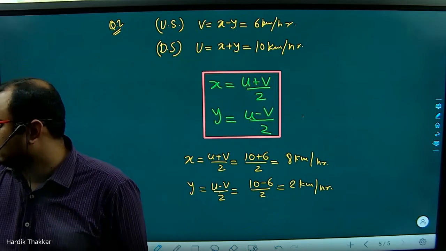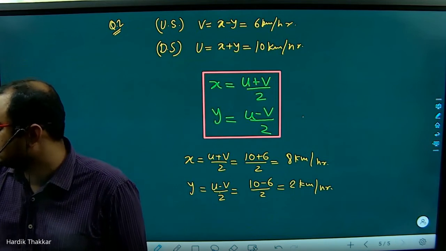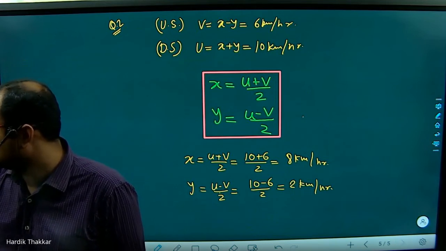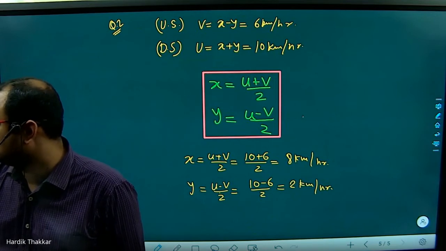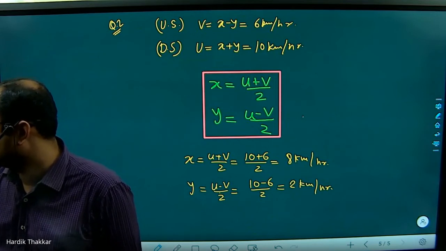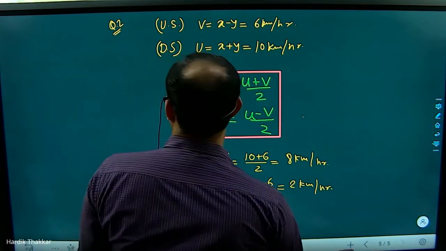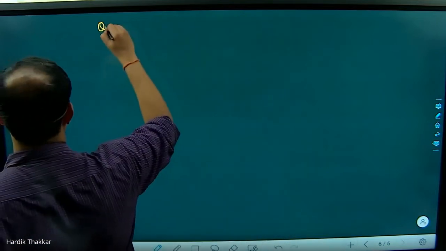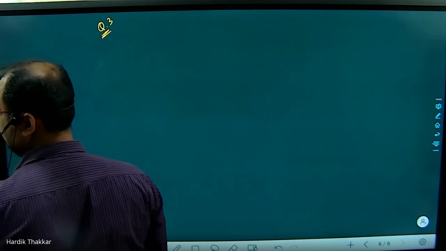Now try to solve the next question, third question. Question number 3. What is given in the third question?